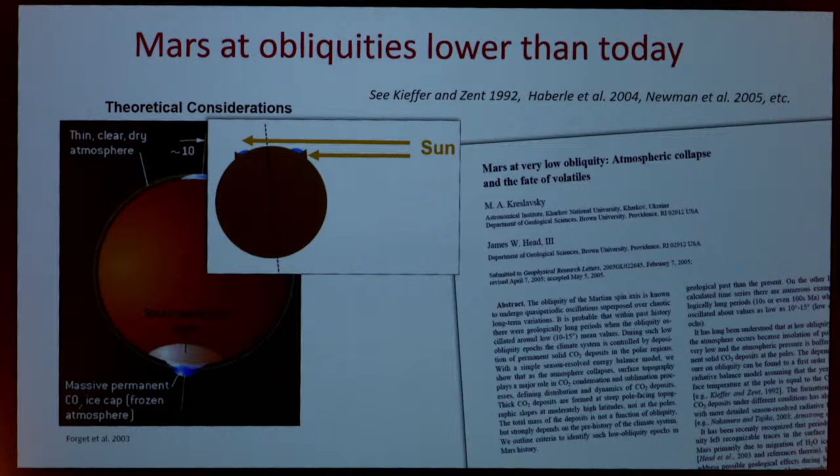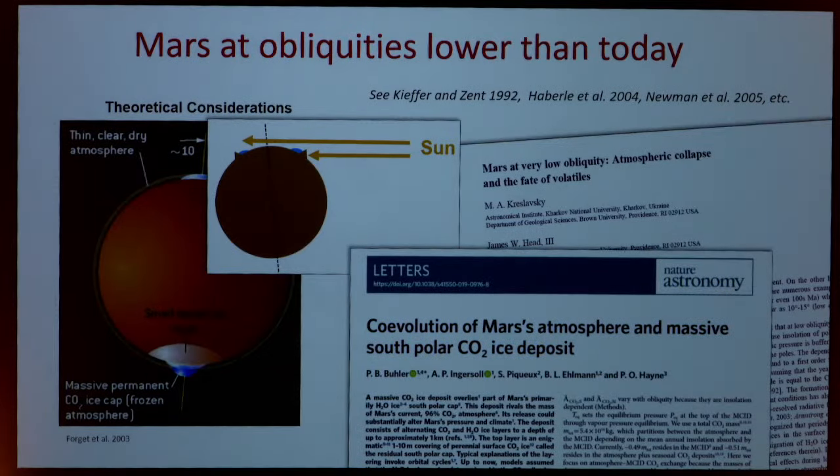Another key work in the past has been the work by Buhler et al. about the coevolution of the Mars atmosphere and the massive CO2 polar cap. This is a really excellent paper because it explains why we have a thin CO2 ice layer at the surface. But it is based on a simple model that is really tuned. I think it was a good strategy because the goal was to understand what we see at the pole, but it doesn't describe at all what was going on in the past.